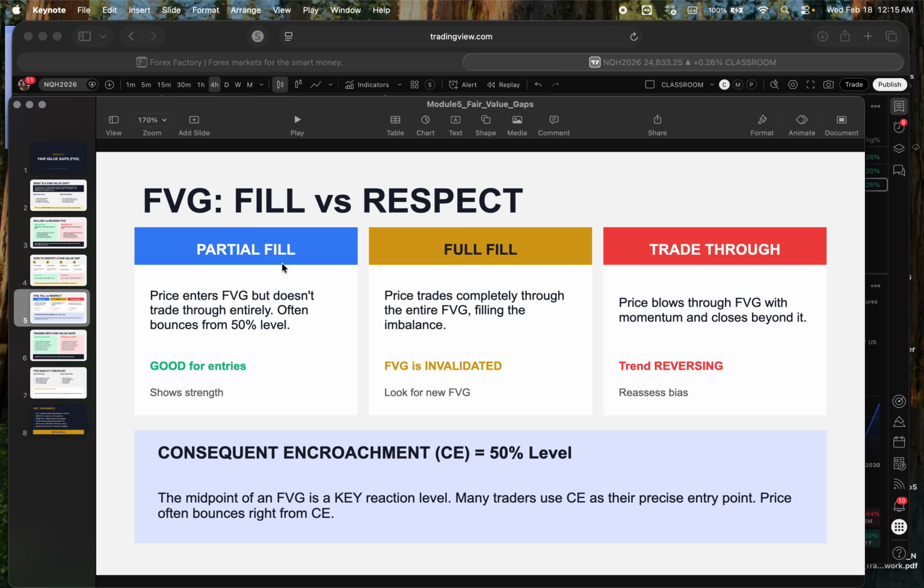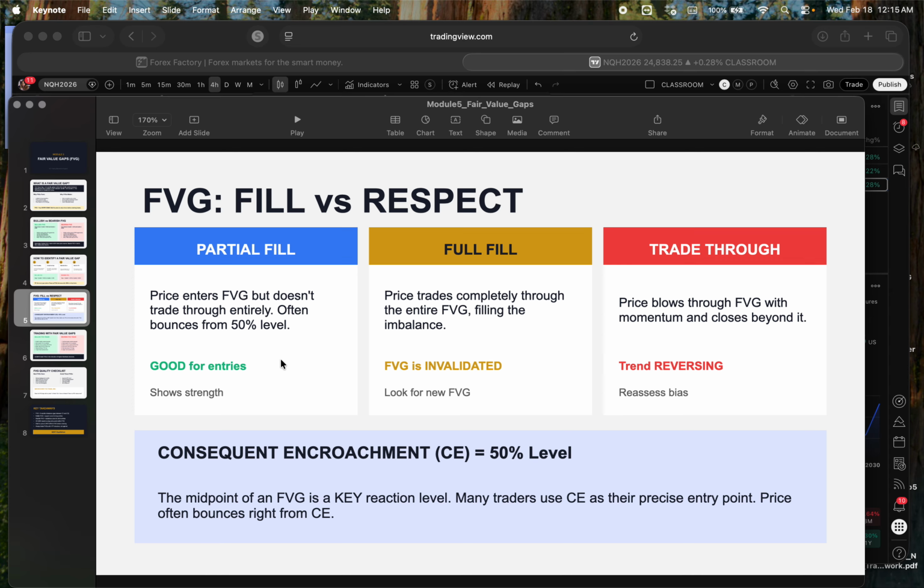Then we talk about a good fill. What is a good fair value gap versus a not so good fair value gap? A partial fill is when price enters into the gap, but doesn't go through entirely. It goes about halfway through the gap. A full fill is when price enters into the gap, completely filling it, maybe even having a wick go outside of the gap.